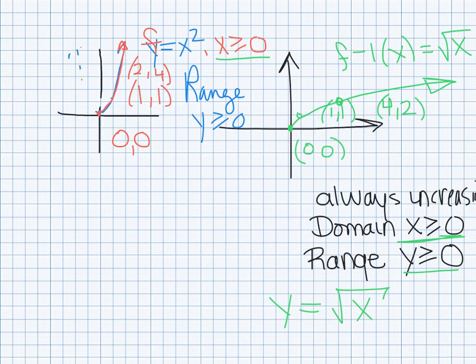The other thing I want to notice is this reflection. It's a little hard to see, we're on two different graphs, but if I were to try and put them on the same graph, you have the one doing this, and you have the other one doing this.